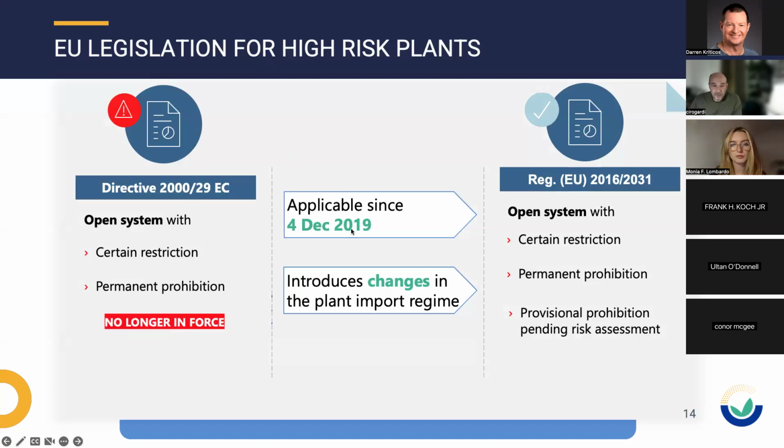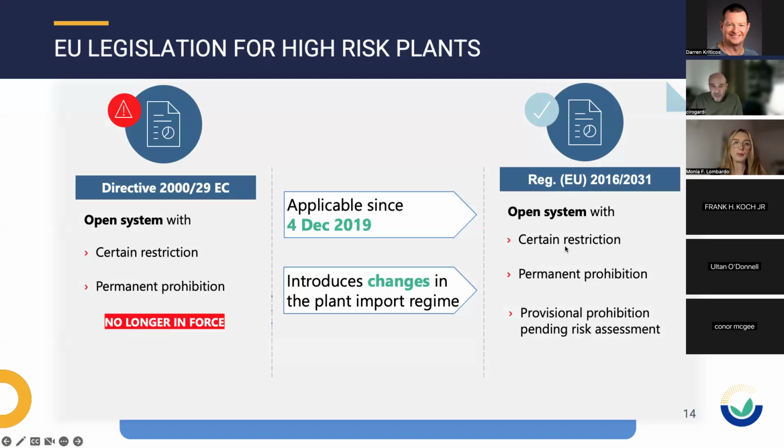So what has been changed? Before there were certain restrictions, so the system was open, and there were few permanent prohibitions, like for instance, the import of Solanaceae plants was prohibited and still is prohibited.